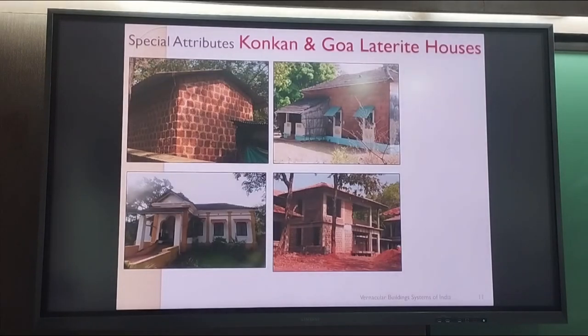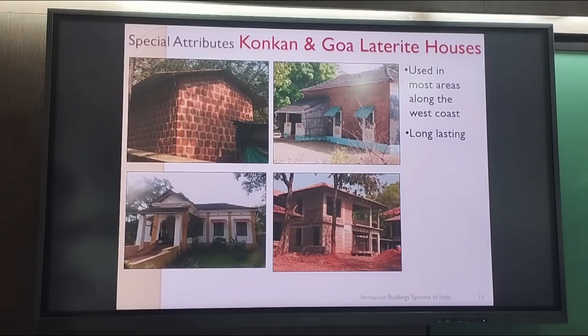Coming to the coastal area of Konkan, Goa, and even all the way down to Mangalore, laterite is the most common material found for walling. So you have these kinds of houses. They are very long lasting, and laterite is very easy to extract from the ground.